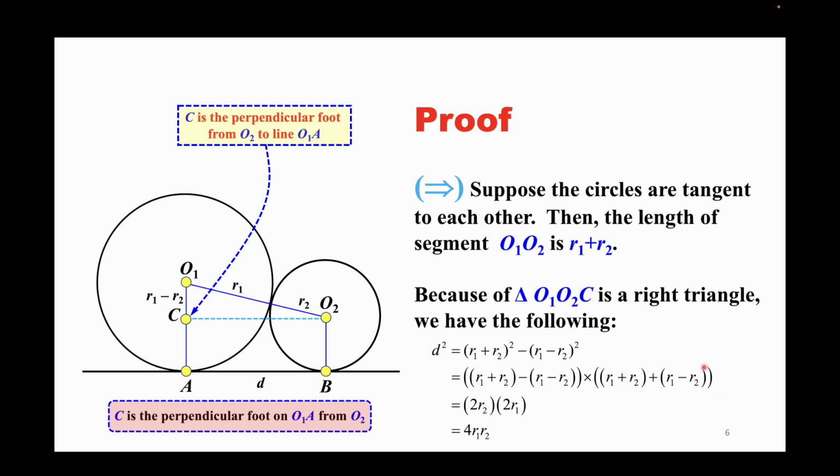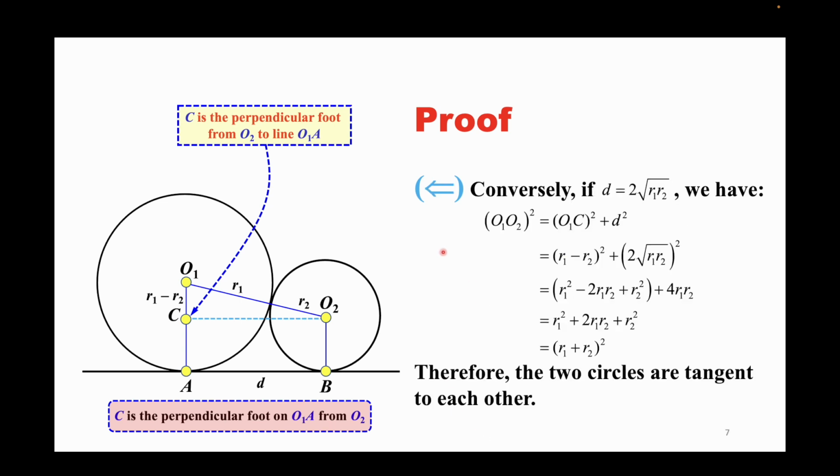In this term, the R2 and R2 cancel each other. We have 2 times R1. Therefore, D squared is equal to 4 times R1 times R2. Of course, D is equal to 2 times the square root of R1 times R2.